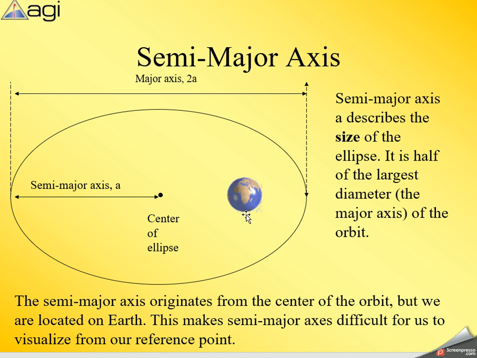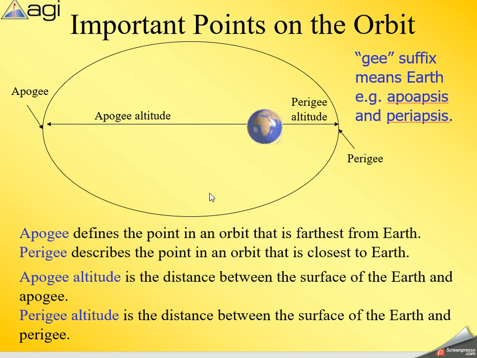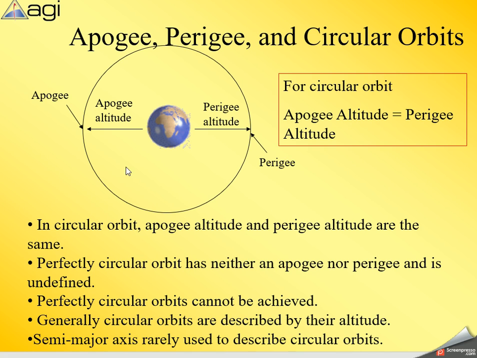So, looking at some different lengths: different points of an orbit. Apogee is the point of the orbit where it's furthest from the Earth, and perigee is the closest to the Earth. Apogee altitude is the distance between the surface of the Earth and the apogee, and the same thing with perigee altitude. So it's the distance between those two as it goes along.